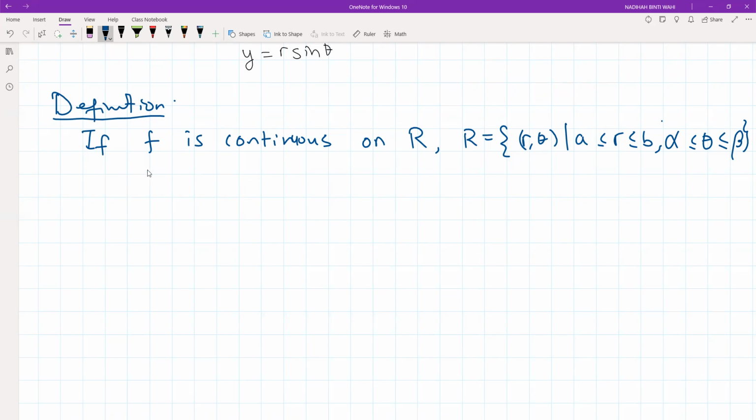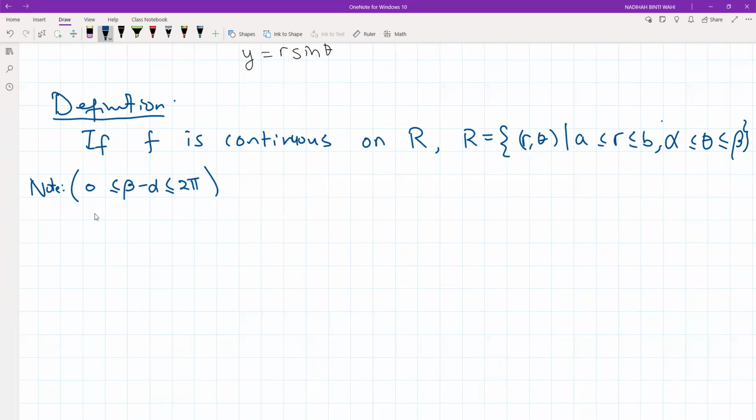So kalau contohnya awak dapat value yang lebih besar daripada ni, maksudnya something is wrong lah.